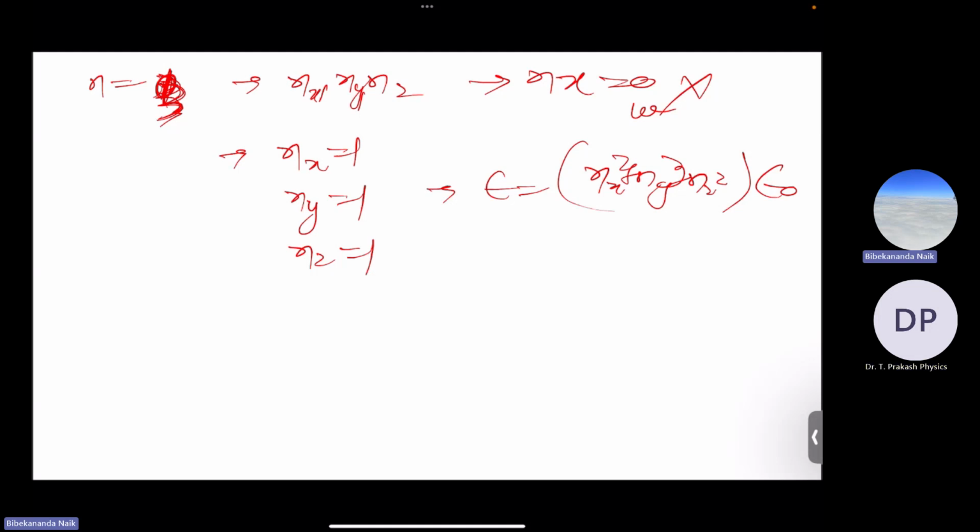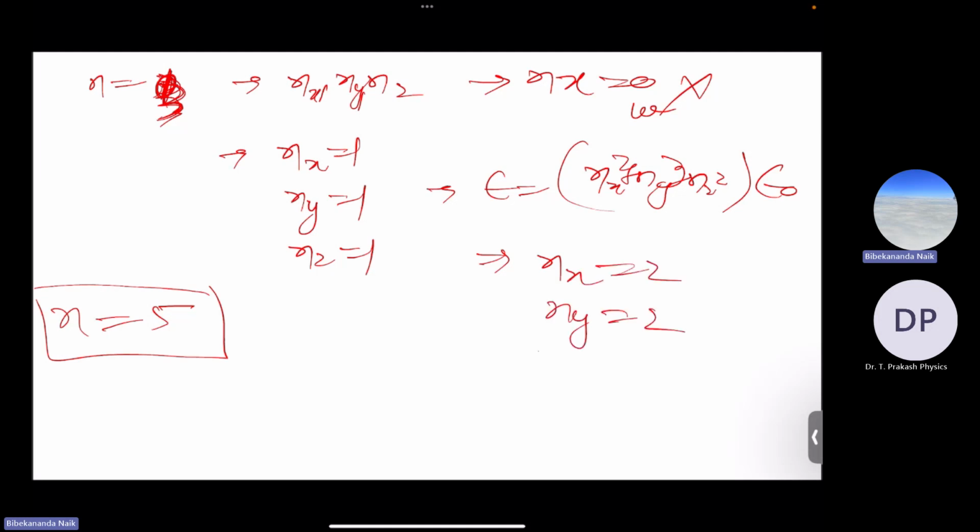But suppose n is 5. 5 means nx can be 2, ny can be 2, nz can be 1. But we can also write it as 2 1 2, 2 2 1, and 1 2 2.